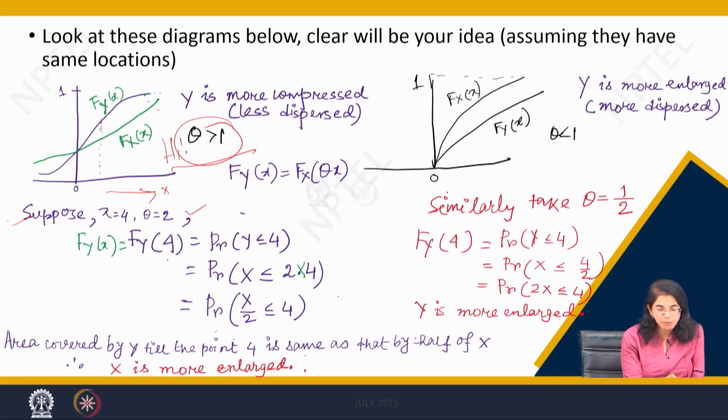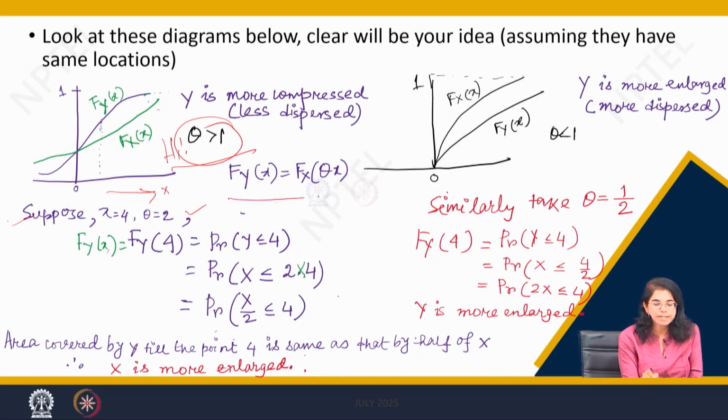F_Y(x) is equal to F_Y(4). F_Y(x), with small x, is the value taken by both the random variable capital Y and capital X. Clear? So, probability capital Y less than or equal to 4. Now, capital Y less than or equal to 4 is X less than or equal to 2 times 4, right?